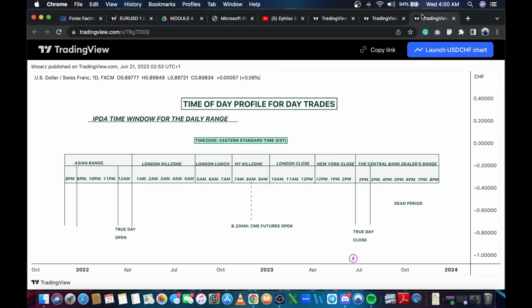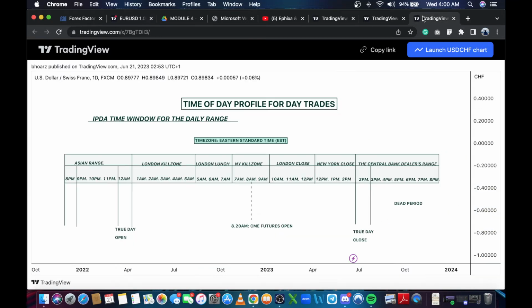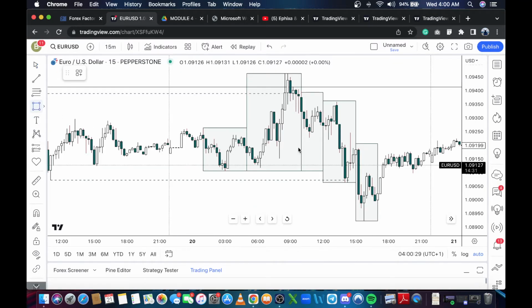And then London close is 10 a.m. to noon. So we're going to look for 10 a.m. to noon. That is London close. And then New York close is 12 to 2. Until 2 is New York close.